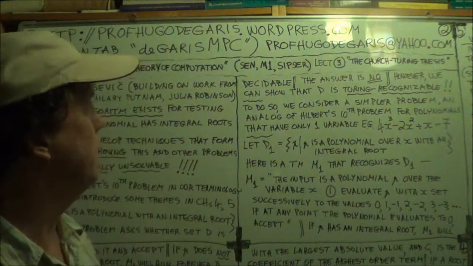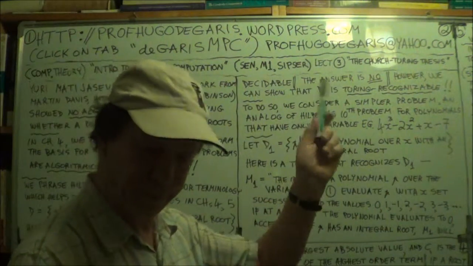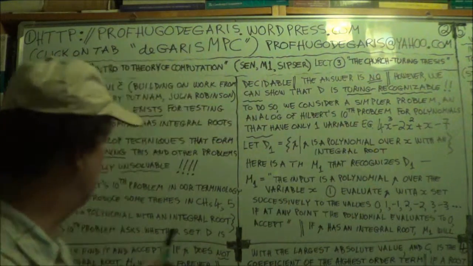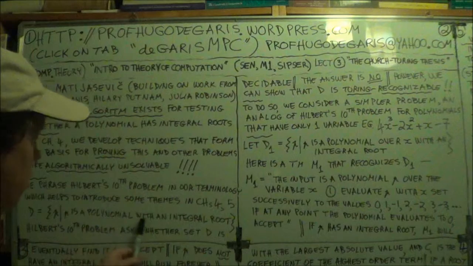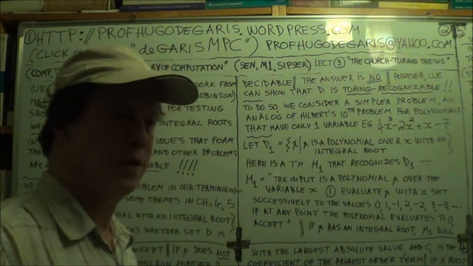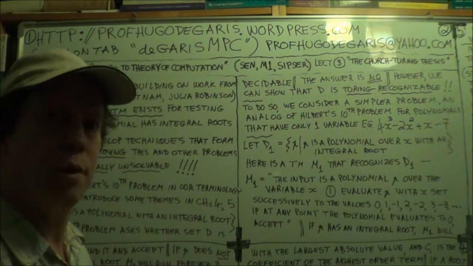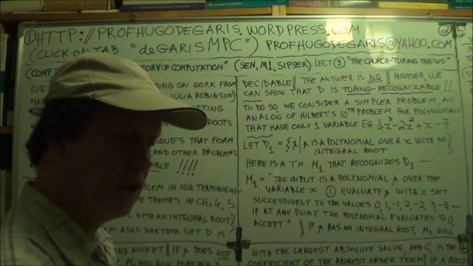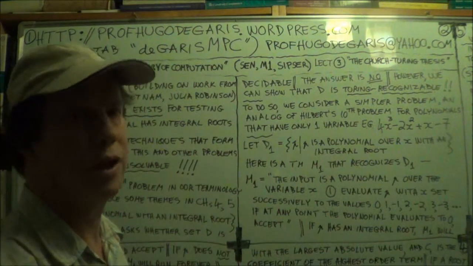All right. Okay. So Hilbert's 10th question is, given this language D, right? It's a set of P where P has the property that it's a polynomial with an integral root. Okay? It's a set of all such polynomials. And Hilbert's 10th problem is asking whether language D is decidable, not recognizable.